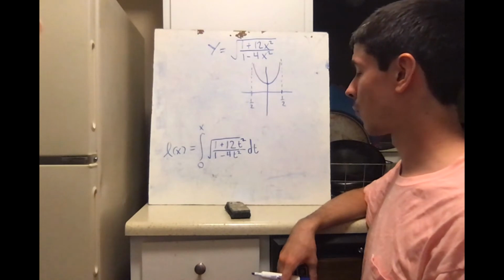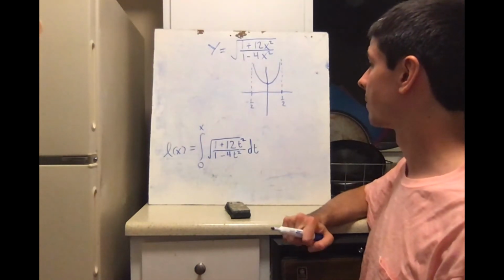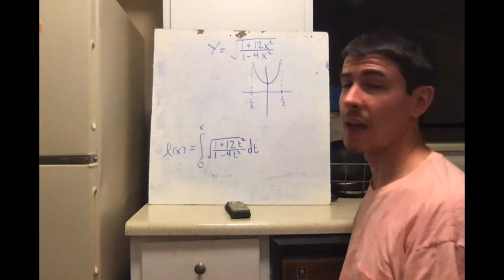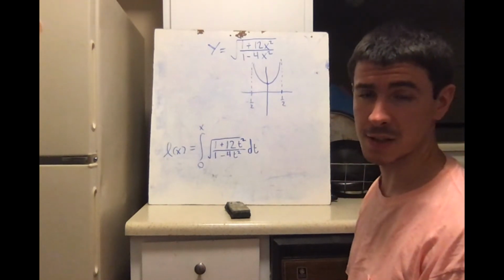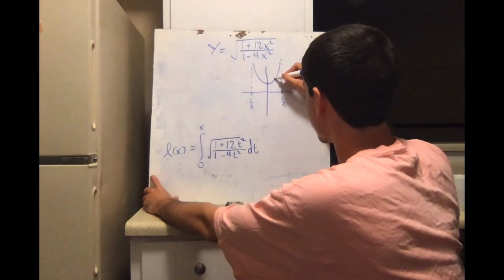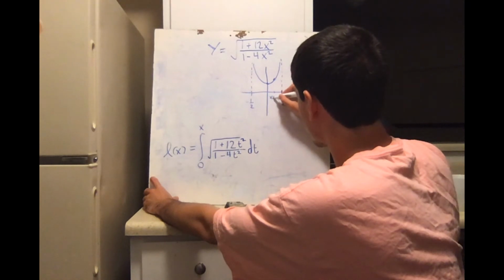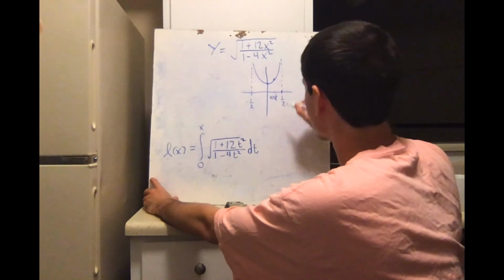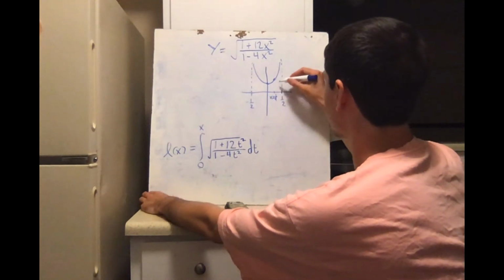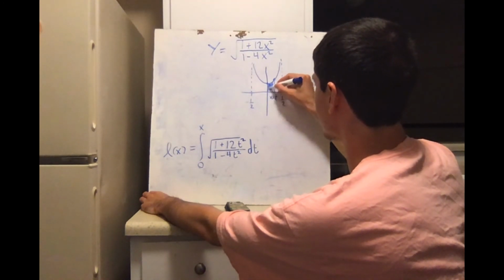What I'm going to propose is an approximation of the integral. Say right here, x equals 1/4. Then L of 1/4 is going to be this area right here.